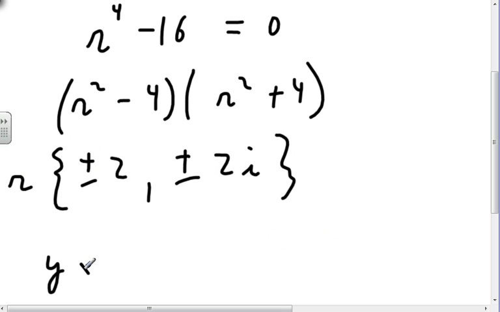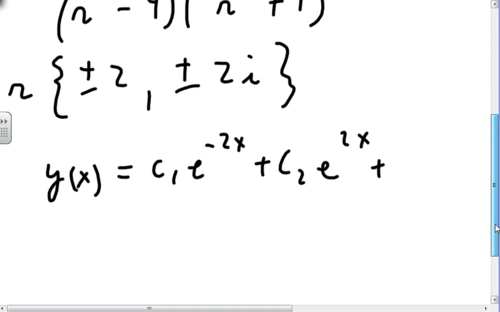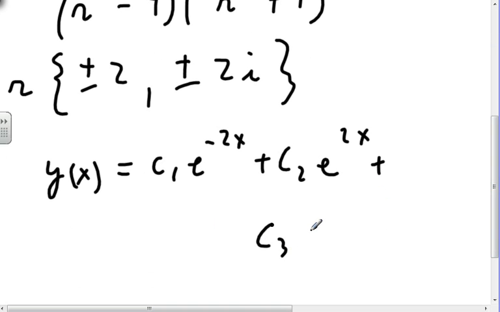So y of x is c1 e to the minus 2x plus c2 e to the plus 2x plus c3 cosine 2x plus c4 sine 2x. And that would be my final answer. And I'd probably want to check my work on that. Okay, back to number 22.